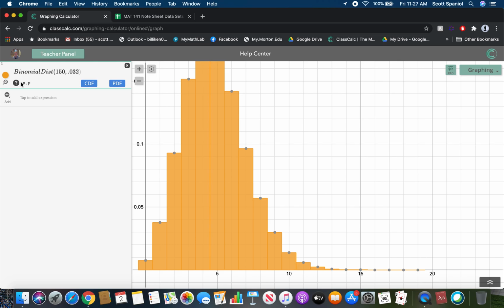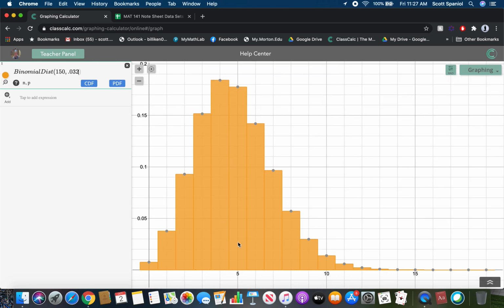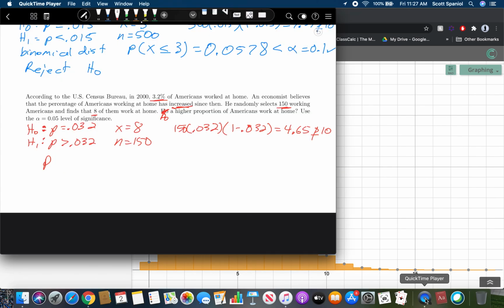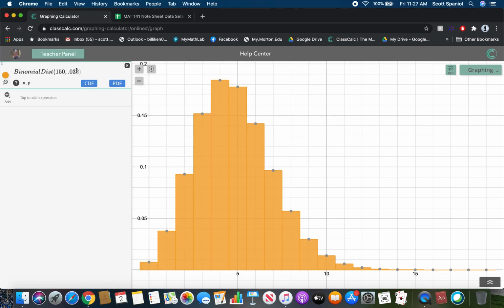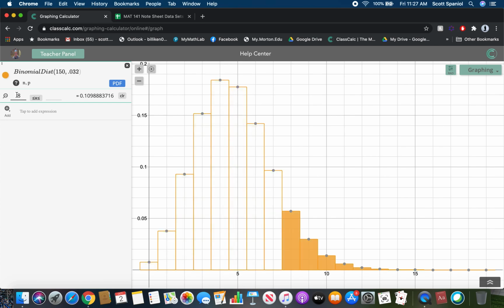And you can see if we zoom in on this one, it's even more skewed than the other ones. And we want to know if it's increased, so we're going to do the probability that X is greater than or equal to 8, greater than or equal to the value we got. And so for this one, we get 0.1099 for our p-value.